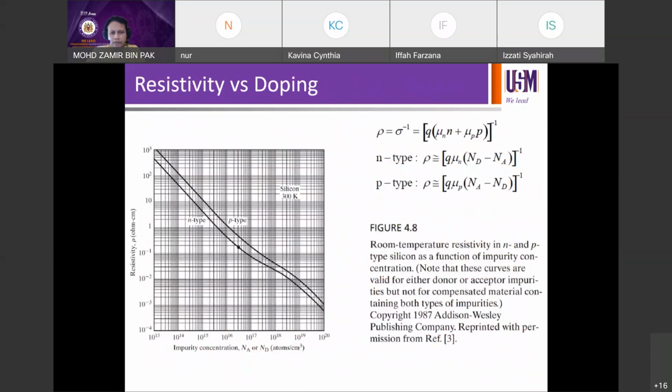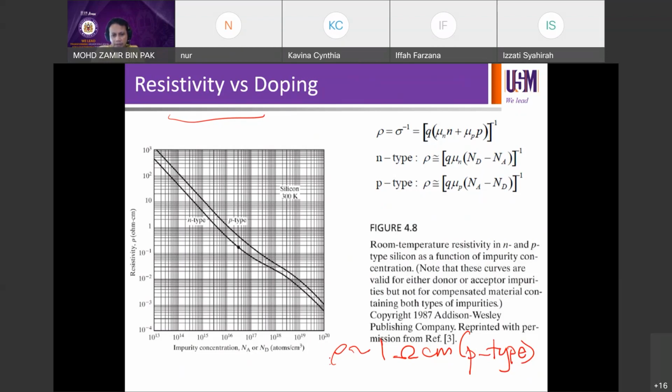So resistivity versus doping, if you can recall, we discussed this in 386 last time. When I mentioned that if you are given a silicon wafer with a certain resistivity written on the box, for example, let's just recap. If you're given a silicon wafer in a box, and the box label says resistivity of 1 ohm cm p-type wafer, the question is, what is the doping level in the wafer?